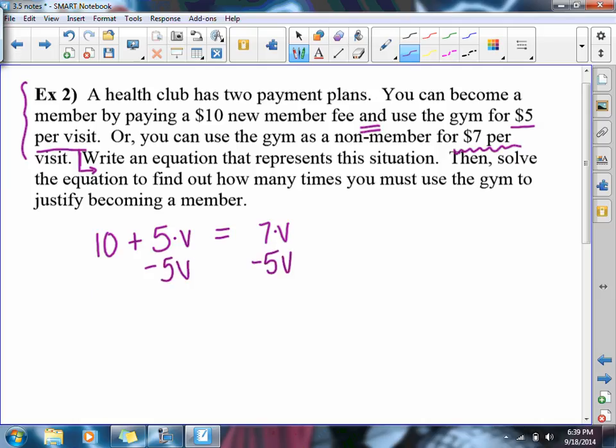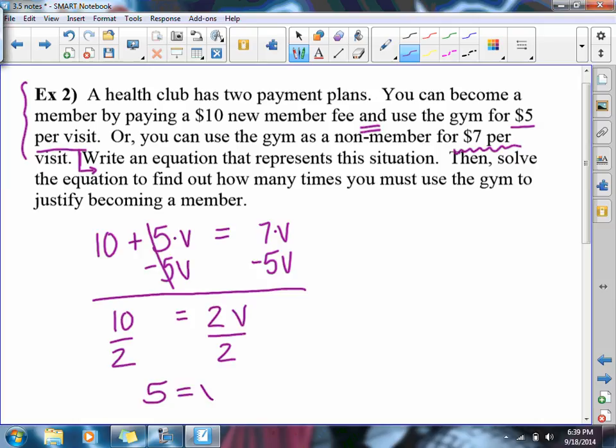That way in one step I can get my numbers on one side and my variables on the other side. And now I just have to divide by 2 so I can solve for V. So 5 equals V.